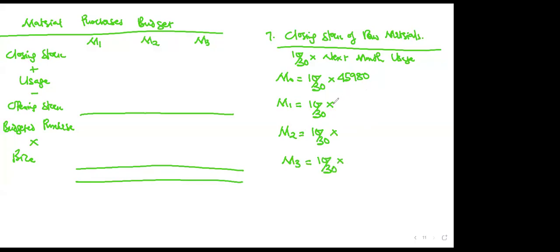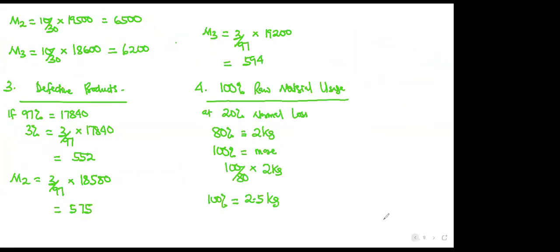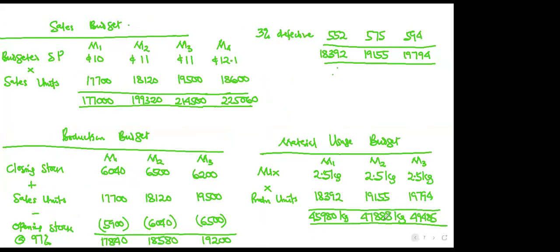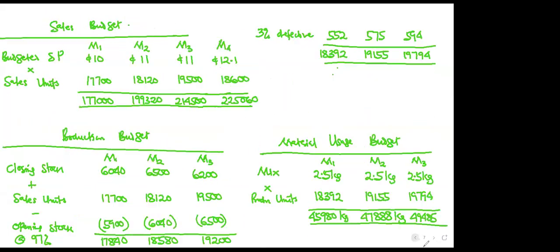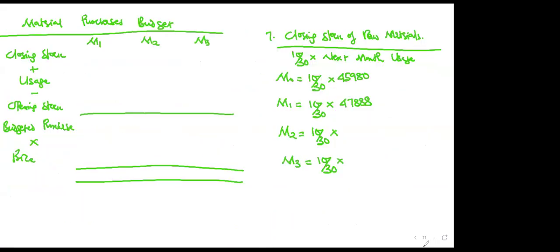Month 2 usage is 47,888. Month 3 usage is 49,485.